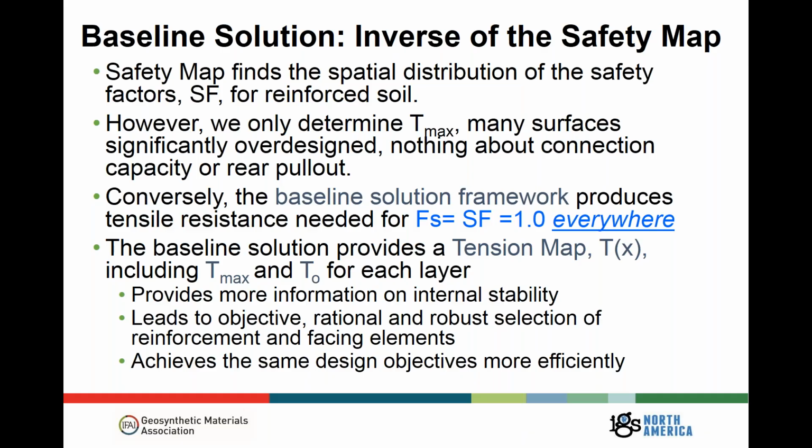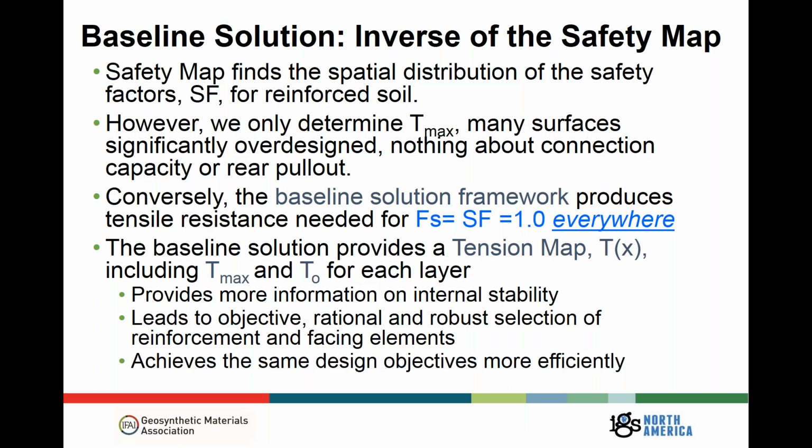The baseline solution takes that same set of surfaces, one surface, two surfaces, 10,000 surfaces, and flips it around. Now, we're not so much searching for a safety factor considering the reinforcement strength at hand. We're searching for a safety factor of 1 everywhere.